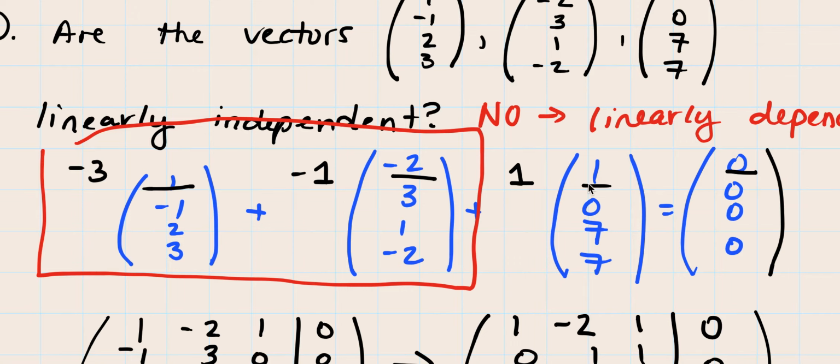So you can see that this vector depends on these two. That's another way to think about linearly dependent vectors.